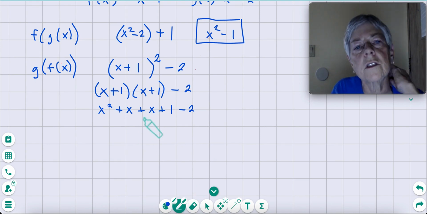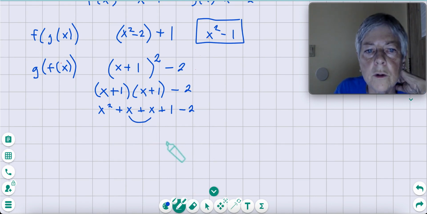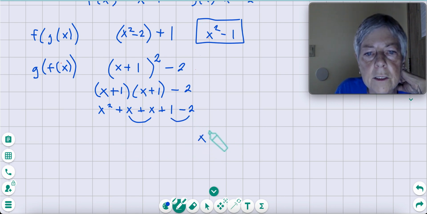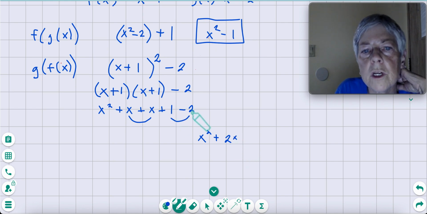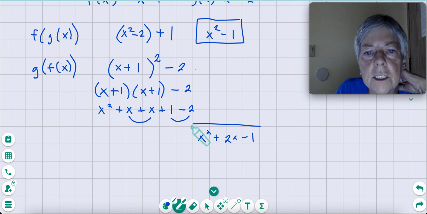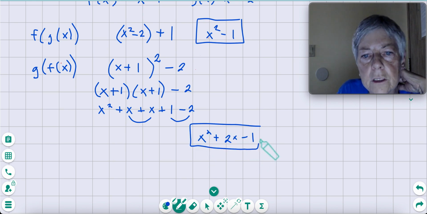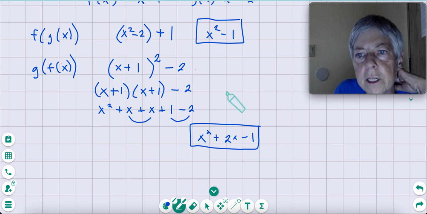Okay, so just consolidate this. These two, of course, are going to join together, and these two can be joined together. What you're going to end up with is x squared, and then I believe we'll have a 2x, and once again we've got a plus 1 and a minus 2, so it'll be a minus 1, and as you can see, it's really quite different from the above one right here.